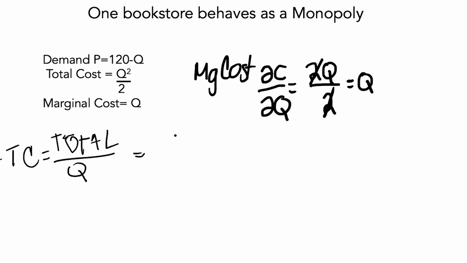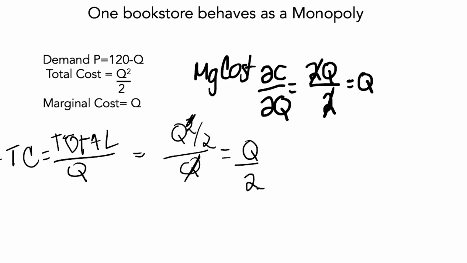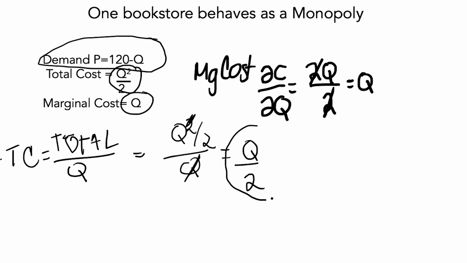And this is equal to Q squared divided by 2 divided by Q. And then this Q goes with this Q because Q divided by Q is 1. So the average total cost would be given by Q divided by 2. So we have four things. The demand, the total cost, the marginal cost, and the average total cost of this monopoly.